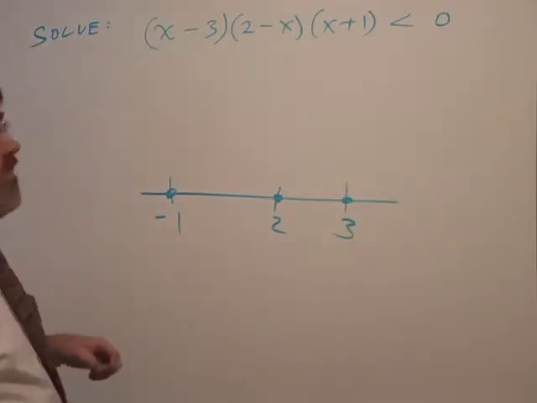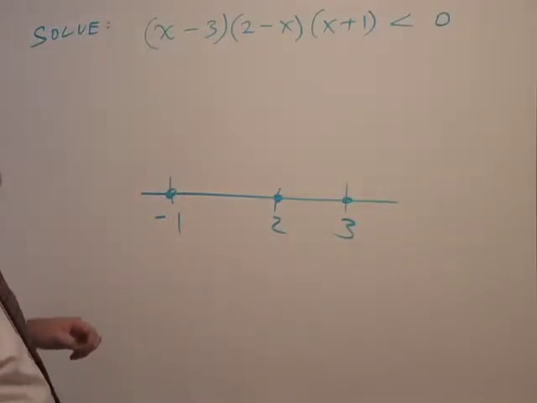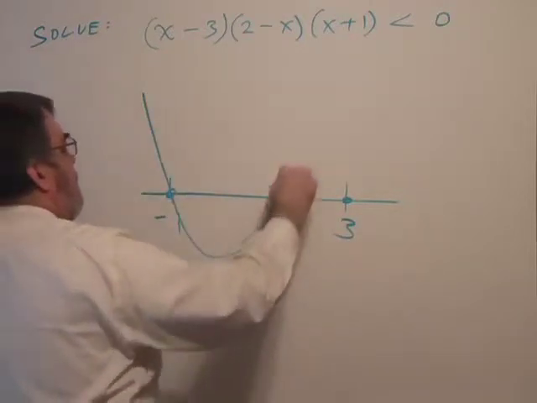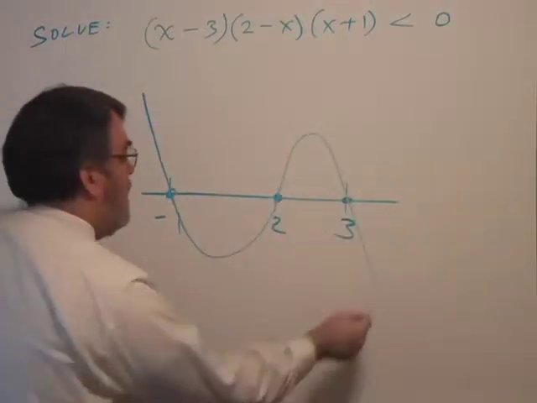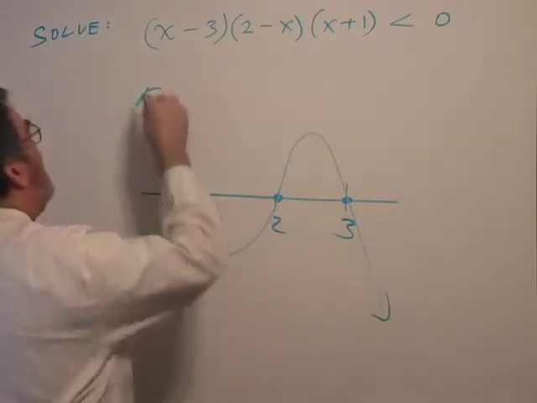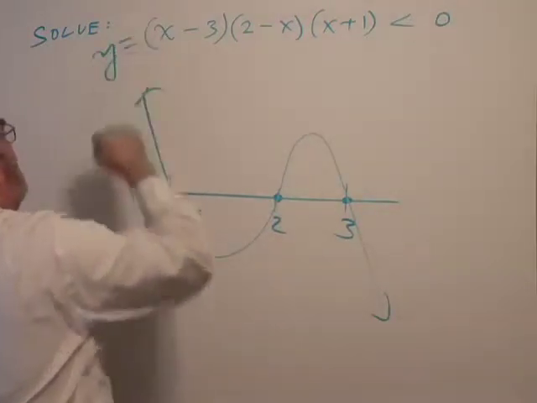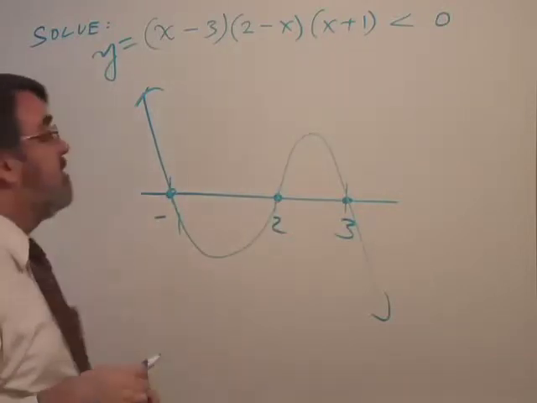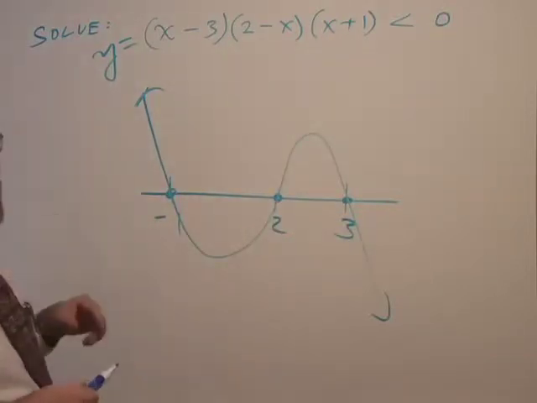Because what if you knew the shape of this graph went like this? In other words, let's look at y = (x − 3)(2 − x)(x + 1). It's a third degree polynomial.